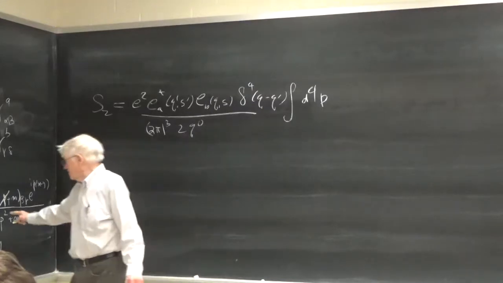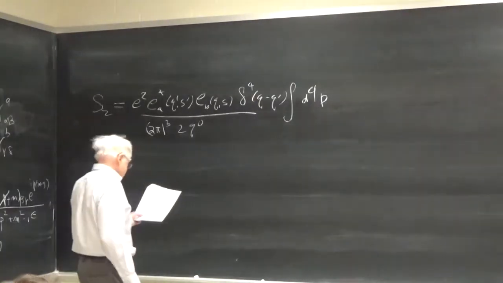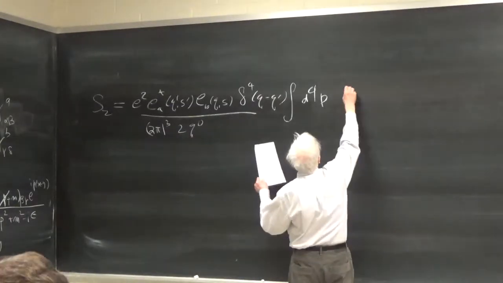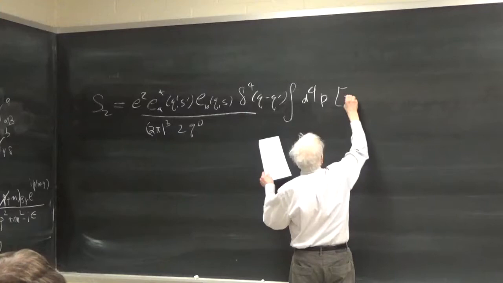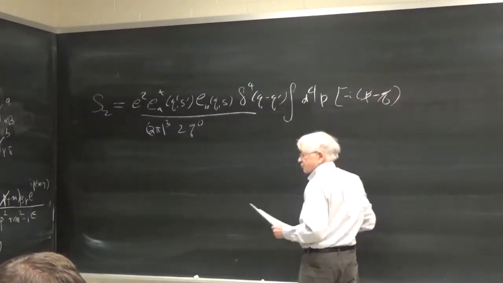Notice we had a 2 pi to the fourth here and another one there, so the 2 pi to the fourths are gone. We just have d^4 p, and then we have minus i p-slash minus q-slash.